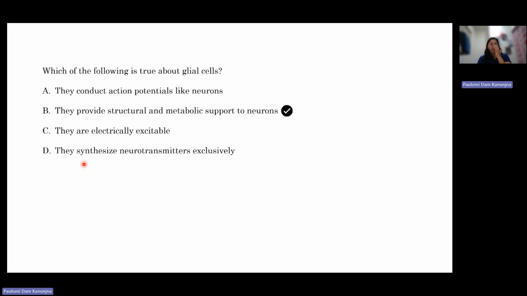And we know, as I just explained, they are providing structural and metabolic support to neurons. The other three options are about neurons and other cells, not glial cells. In addition to these two, glial cells have many more roles, but none which pertain to neurotransmitters or action potentials.